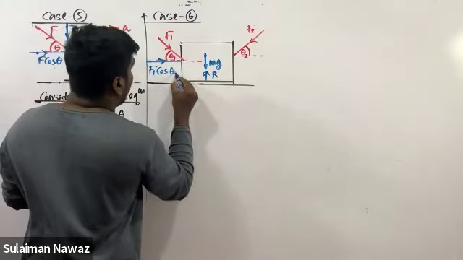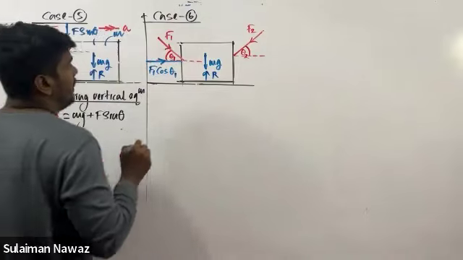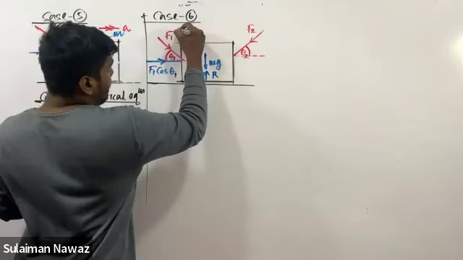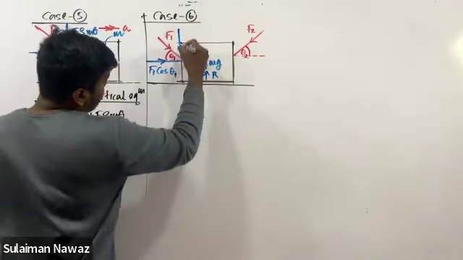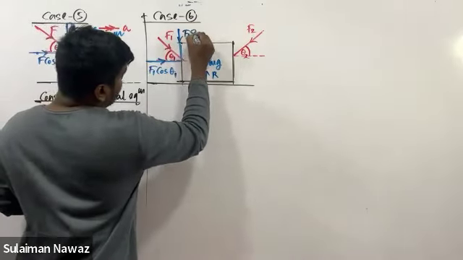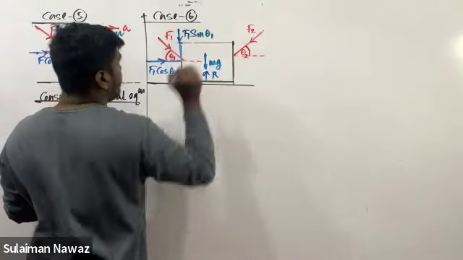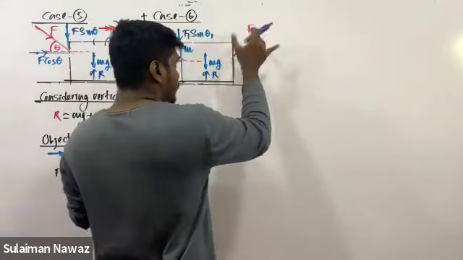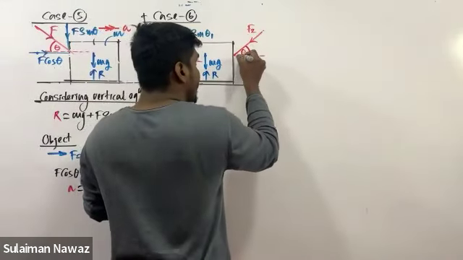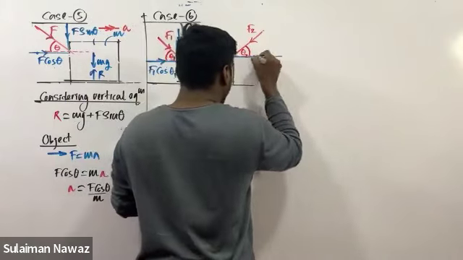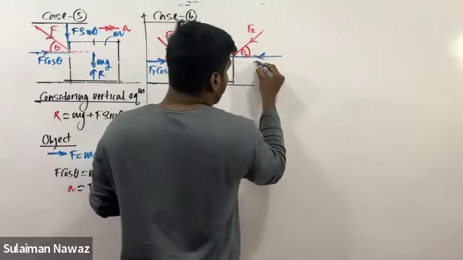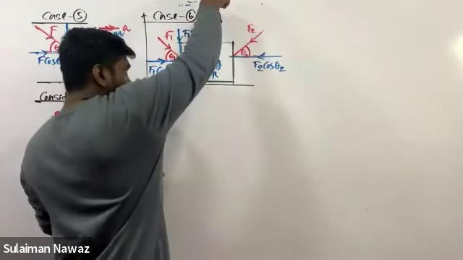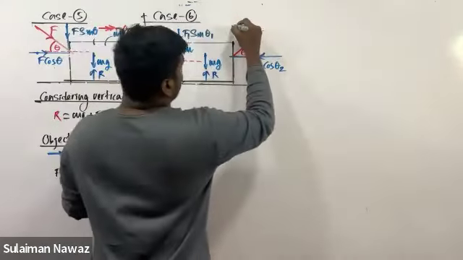The vertical component of F1 will be F1 sin theta 1 downwards. If I resolve F2, the horizontal component will be F2 cos theta 2, to the left side direction. Downward direction, F2 sin theta 2.